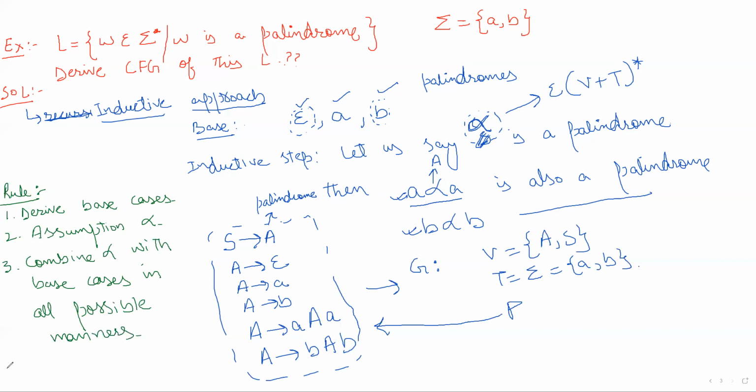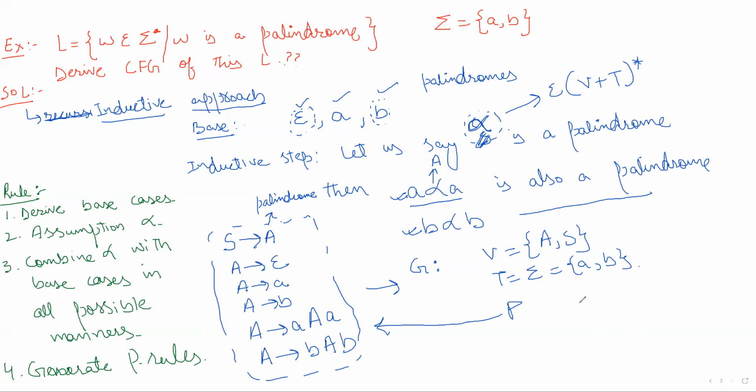And then fourth is generate production rules. So these are the general rules that are used to derive a context-free grammar for a language.